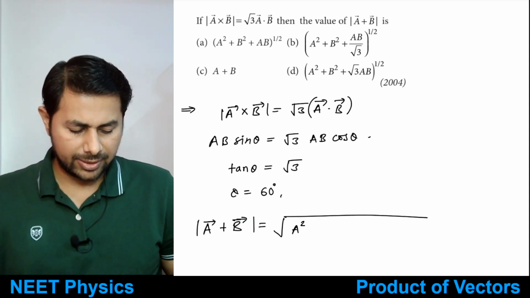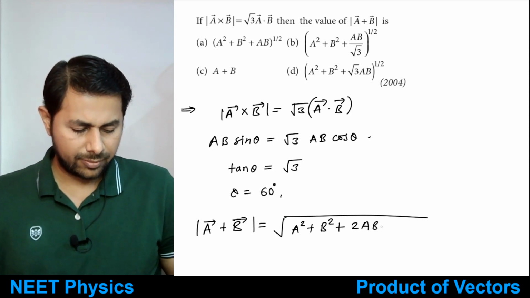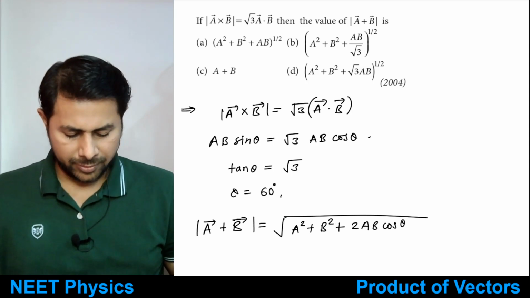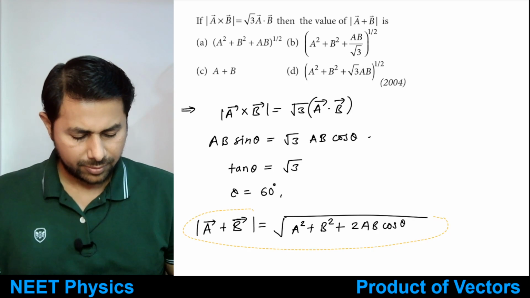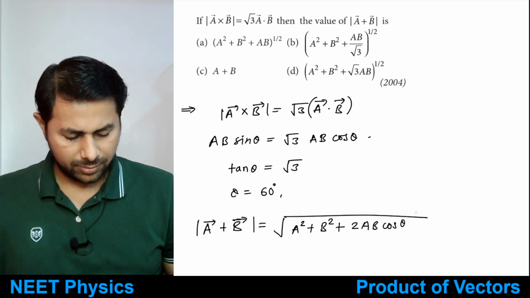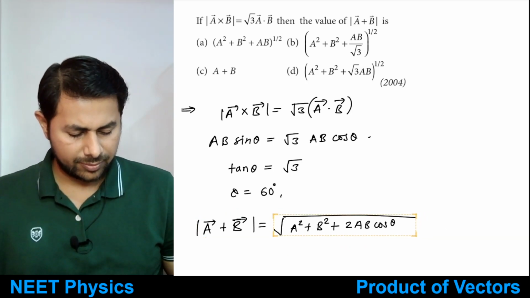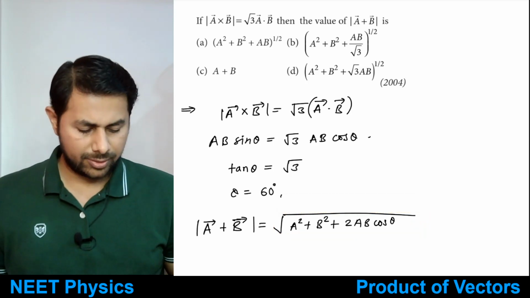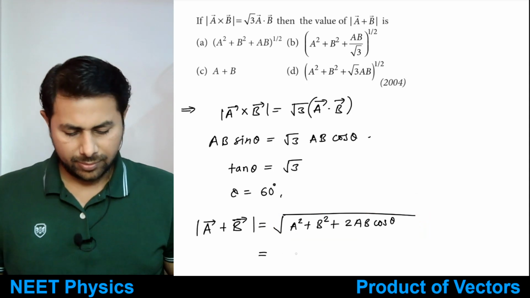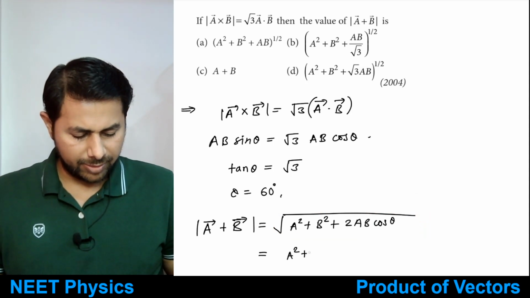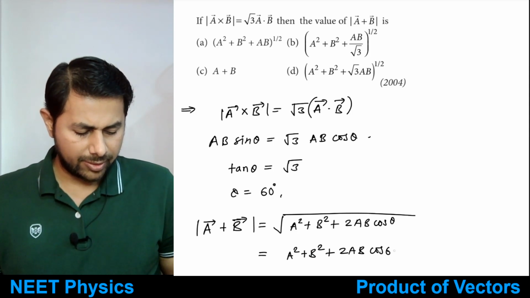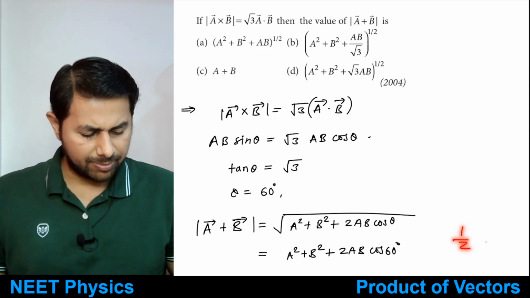Square root of A square plus B square plus 2AB cos of theta, right? And what is theta? Theta is 60. So that is square root of A square plus B square plus 2AB cos 60. What is cos 60? Cos 60 is half, no?